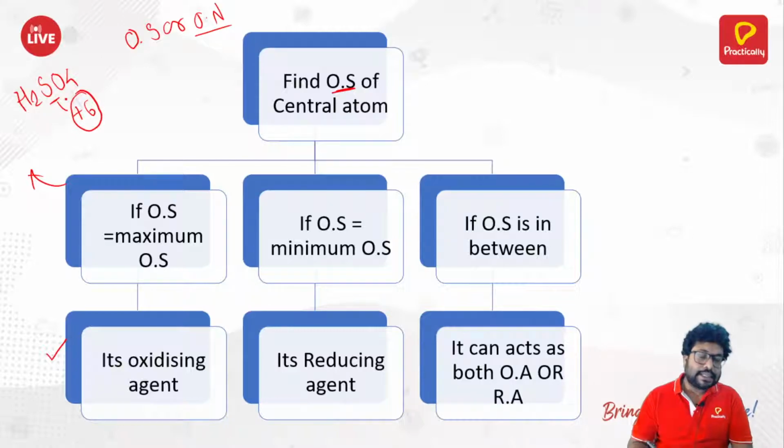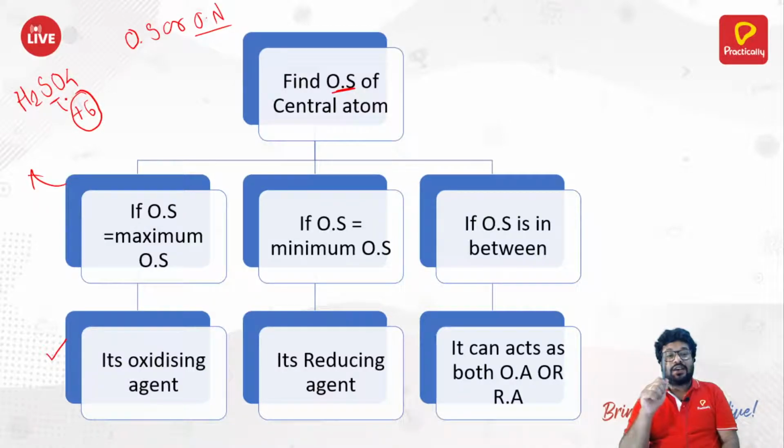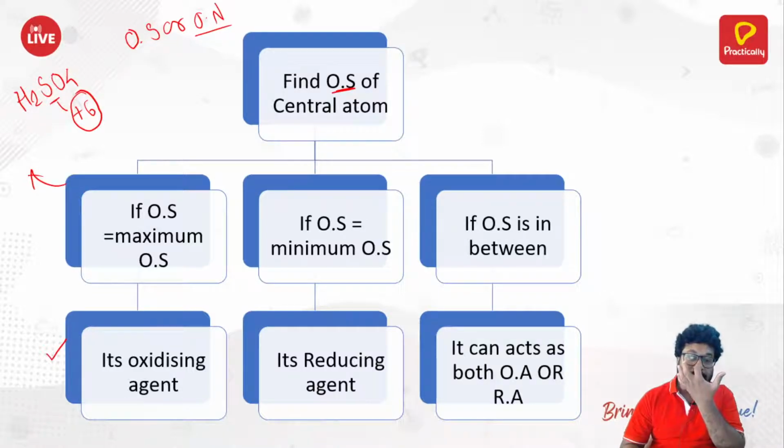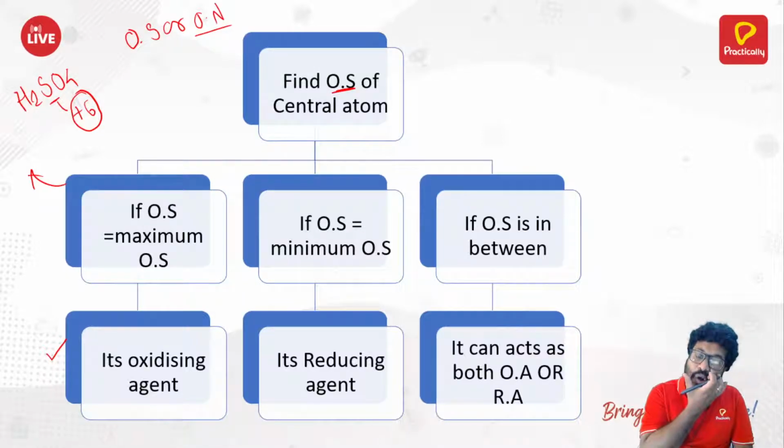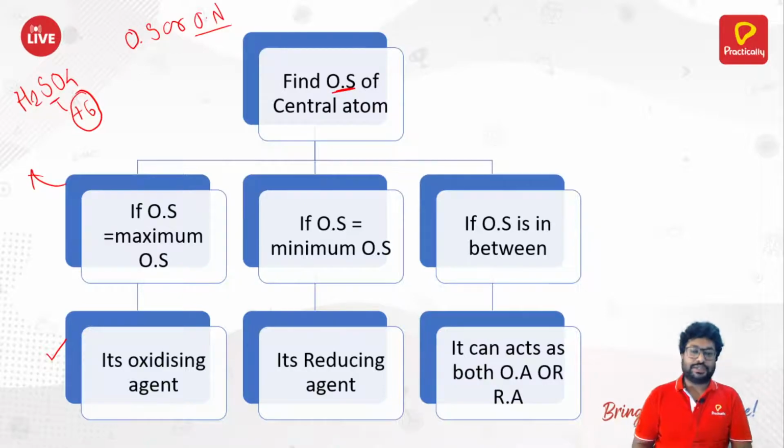Now +6 is sulfur's highest oxidation state. From this oxidation state, sulfur cannot get oxidized itself. Now sulfur can only get reduced. If sulfur can only get reduced, that means sulfur can act as an oxidizing agent. And that is how H2SO4 can act as an oxidizing agent.